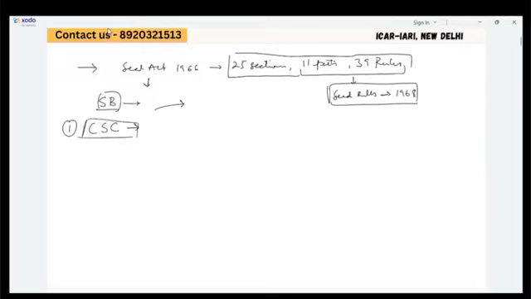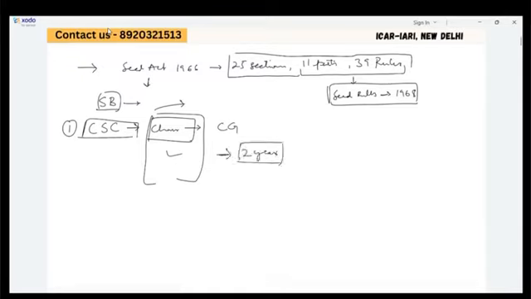The Central Seed Committee is headed by a chairman who is directly appointed by the central government, and it has a board of members along with the chairman. The term for these members is 2 years, which means the board members will change from time to time. The main function of the Central Seed Committee is to advise the central and state governments on all matters of seed.